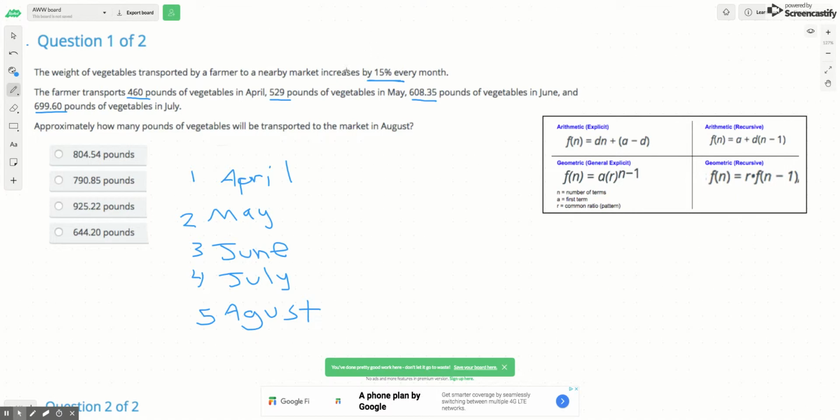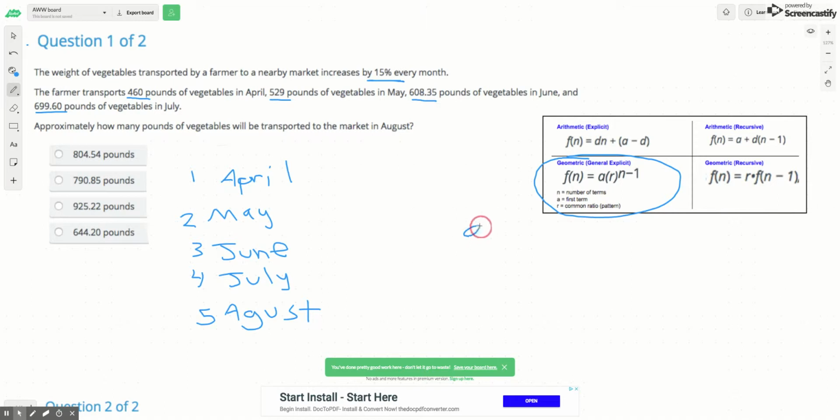Now, because it's a percentage, we are going to be using this equation right here. And let's start filling in values. A is always your first term, the very first value that you had. That is 460.